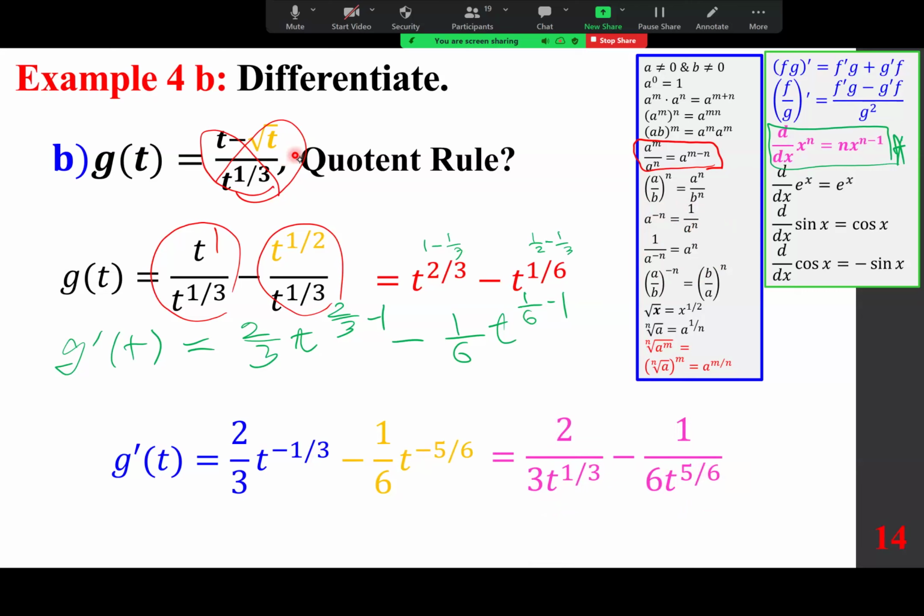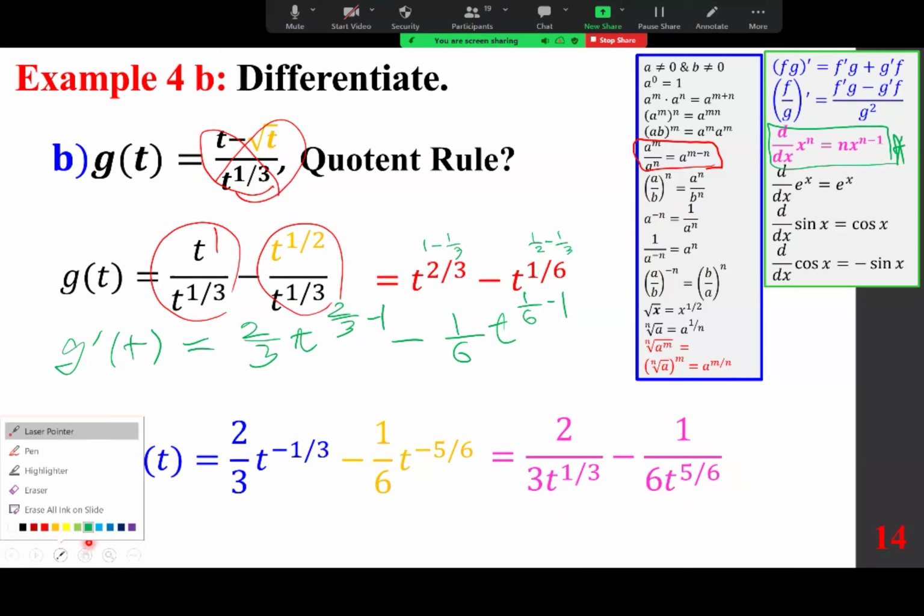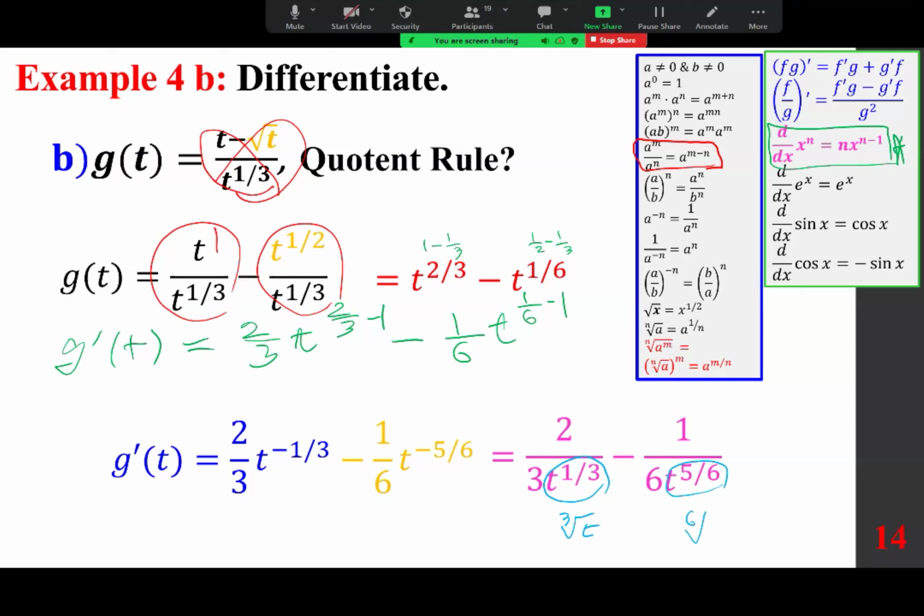You don't have to write them as roots, because if you go back to this part, this was given in exponential format, fractional format. However, this is just in case anybody is interested to know: this is the cube root of t. This is the 6th root of t to the power 5.